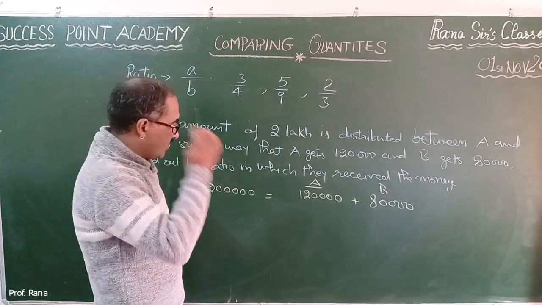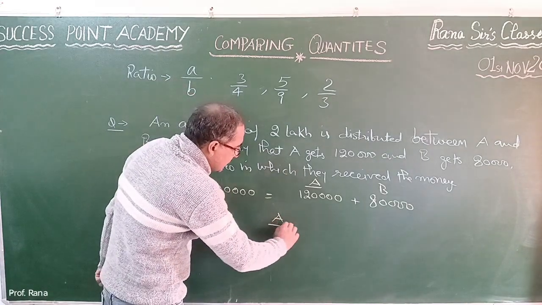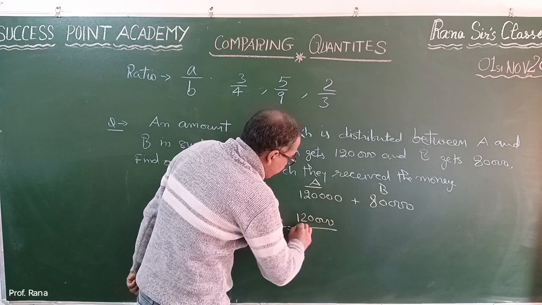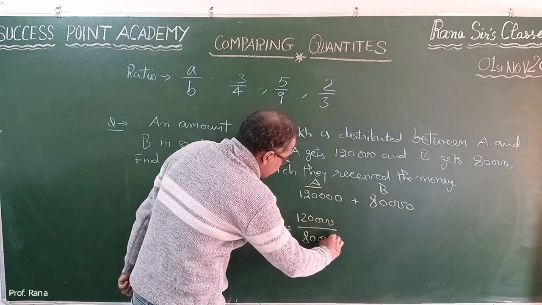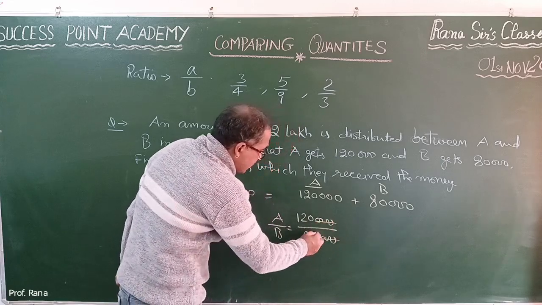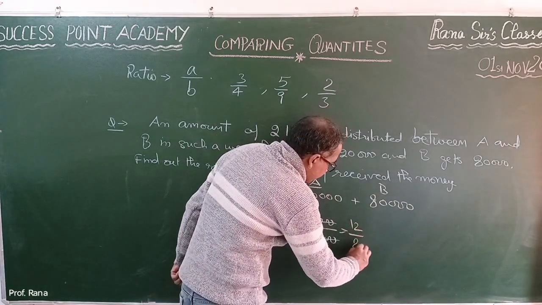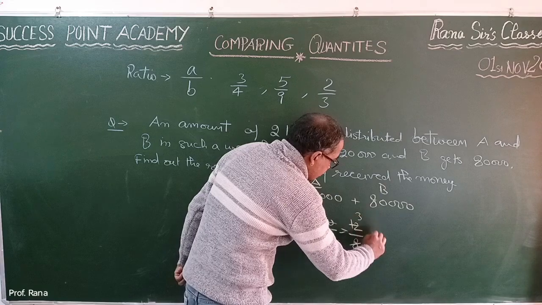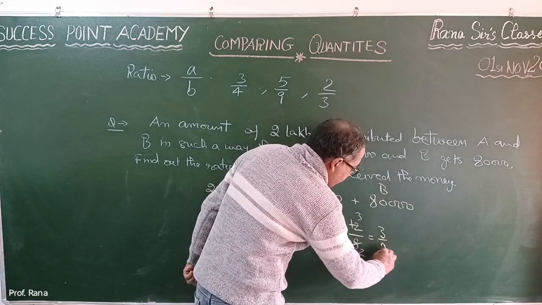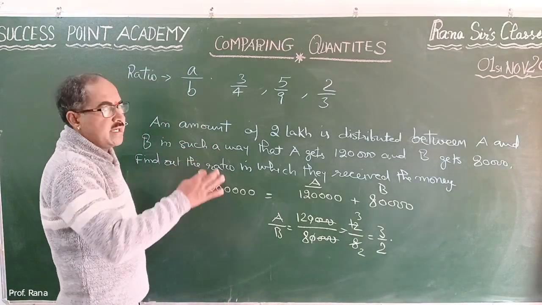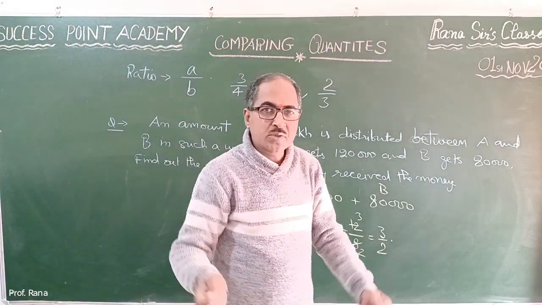So in which ratio? A upon B here will be 1,20,000 upon 80,000. So it's very simple. You can cut them and you will get 12 upon 8. 4 2s are 8, 4 3s are 12, and the ratio will be 3 upon 2. So this is the way in which we do a ratio.